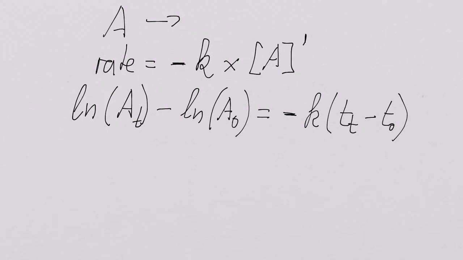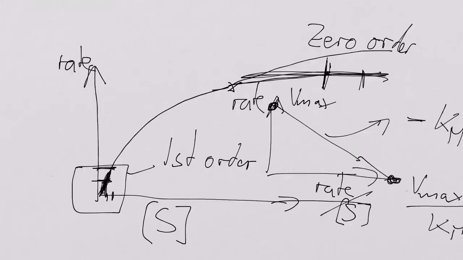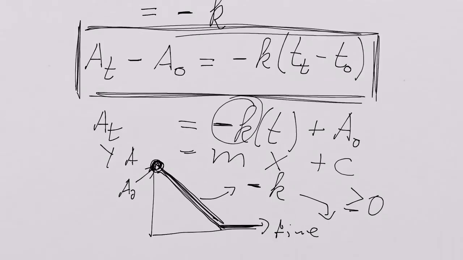The only difference between this equation and the equation for the zero order reaction is that you have ln's, that you have an ln here and an ln here. Yeah? But this is a massive difference.